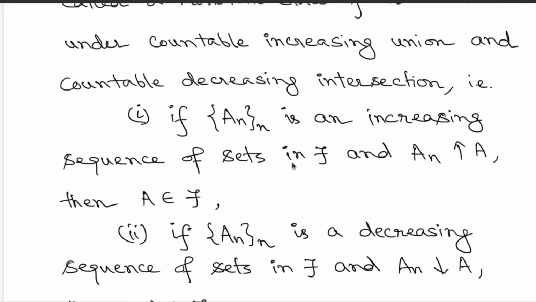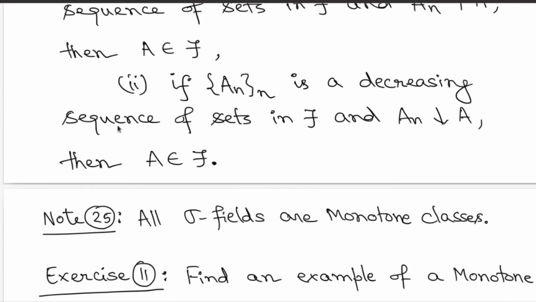Once you have that property, you expect a similar property for intersections. If you have a decreasing sequence of sets A_n in the collection script F, they are going to decrease to the complete intersection. Since the A_n are decreasing, you can visualize the complete intersection as the countable decreasing intersection, and that's what your set capital A is.